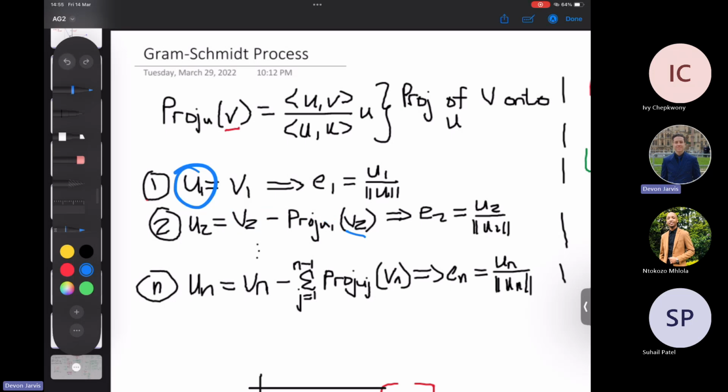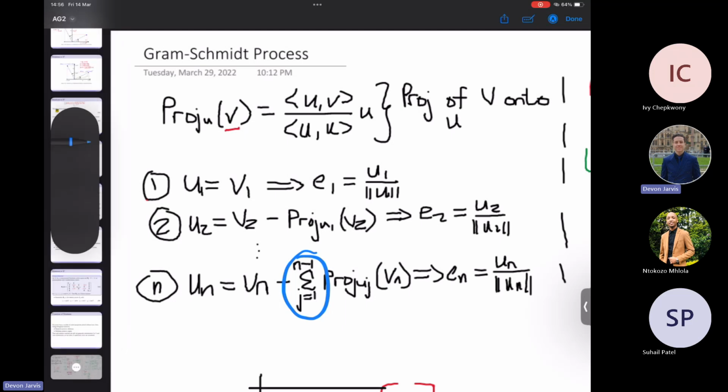Okay, and the point here and why I wanted to do this example more than just the slides is because you want to be able to do this for an arbitrary dimension n, right? You don't just want to see the two-dimensional case. But what is good is because we know that all of the UJs are orthogonal, we don't have to take into account each other while we're doing this process, okay? We can just subtract the summation out.